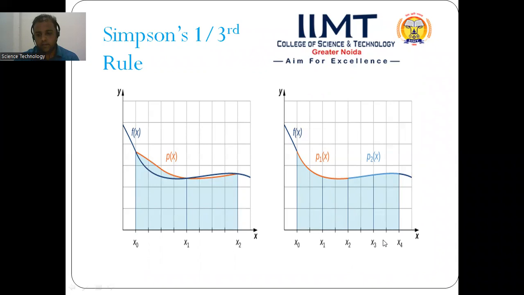But as we increase the number of partitions, there are two particular polynomials, p1(x) and p2(x), which estimate the given function exactly. So this is more refined and has less error than the trapezoidal or rectangular method.